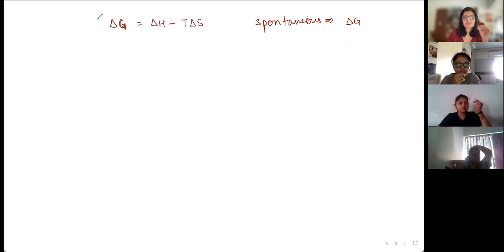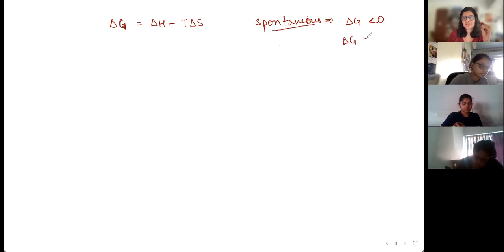In general, this total delta G, if it is negative, that's a spontaneous process. So if delta G is positive, then it's difficult for that process to occur, be it a reaction, whatever we're talking about. So this is non-spontaneous.